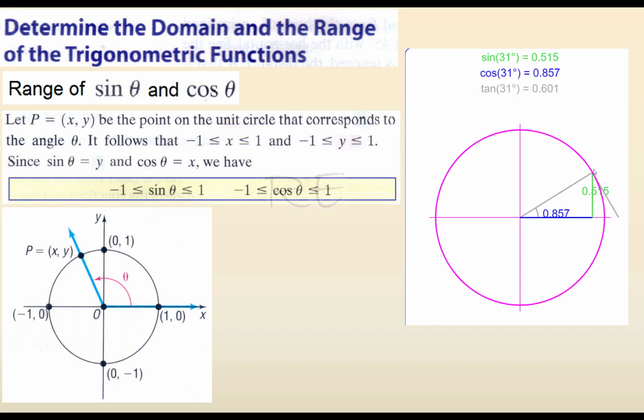As we travel on the unit circle, we realize that the highest value of sine is 1 and the lowest value is -1. We say for sine, y must be between -1 and 1. The same thing happens for cosine. The highest value is 1 and the lowest value is -1. It follows that x is between -1 and 1.